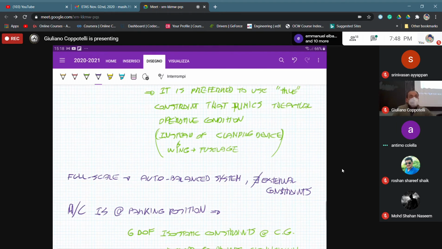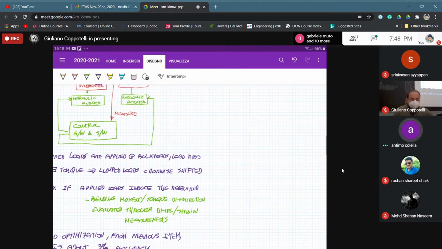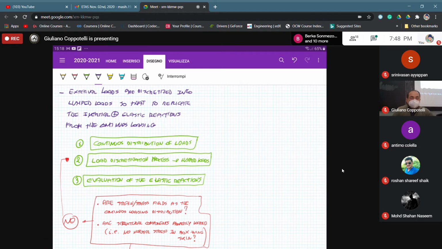The point is that you can't have continuous load distribution, okay? What you have is just discrete loading possibilities. So the question is, where can you put these lump loadings? What is the magnitude? You don't know that at the very first time, so you are just guessing within your numerical model. You assume that you have some points, some bulkheads, some sections where you can apply the load.